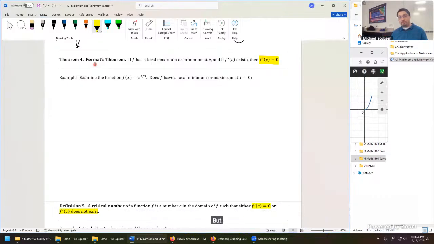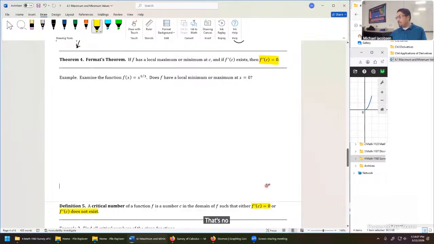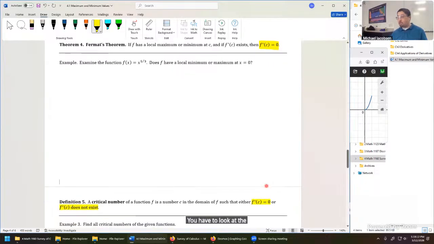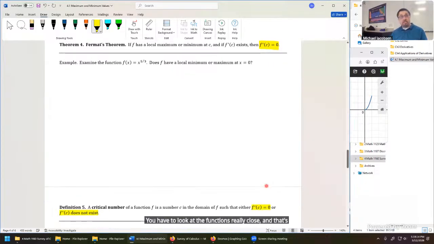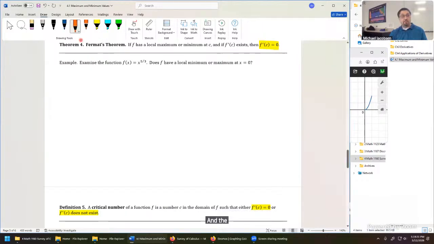But there's one big danger when it comes to this. Just because the derivative of f is 0 or doesn't exist, that's no guarantee that you have a maximum or a minimum. You have to look at the functions really close, and that's why in the next chapter, we're going to be looking into something called the first derivative test and the second derivative test. Well, let's make this just a cautious statement here.